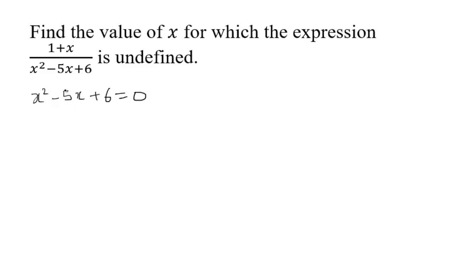So we use the negative 2 and negative 3 to split the second term here. So we get x squared minus 2x minus 3x plus 6 equals 0. So we group them like this.